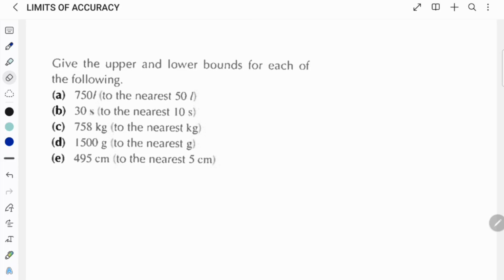So in part A, we add and subtract 50 upon 2, which is plus minus 25. The second part, 30 seconds to the nearest 10 seconds, we add and subtract 10 upon 2, which is equal to 5. We add 5 to get the upper bound, we subtract 5 to get the lower bound. The next one is to the nearest kg.